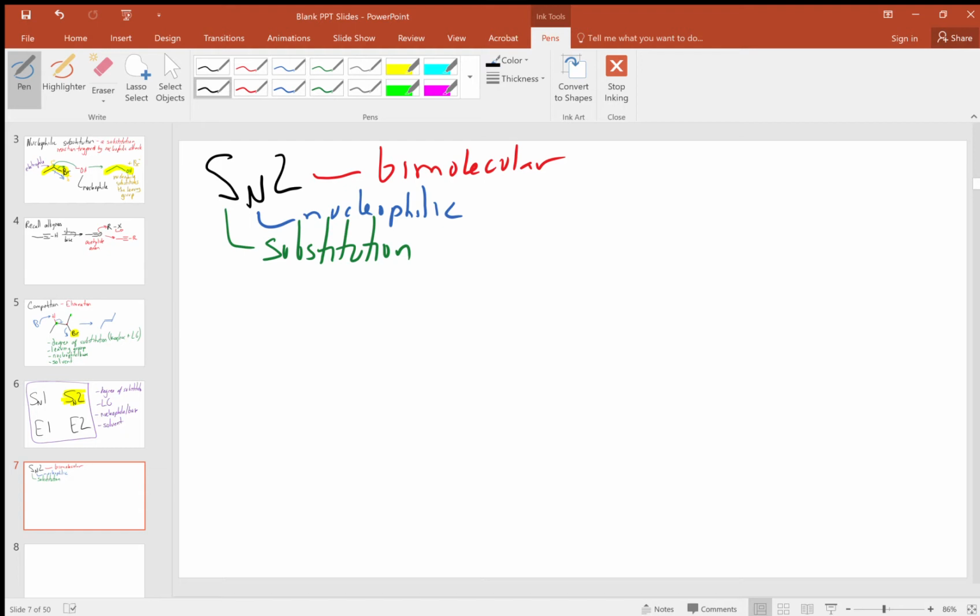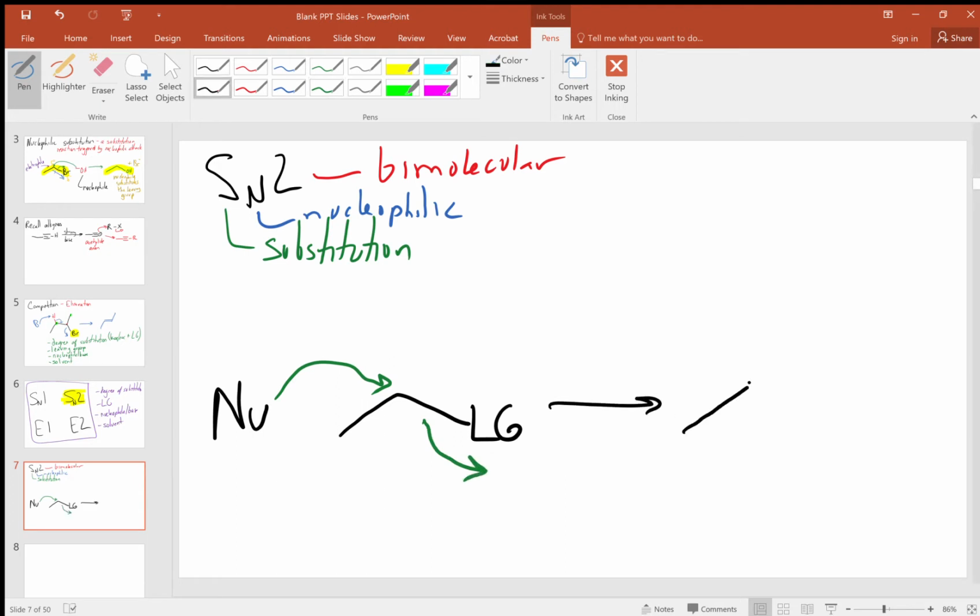But basically, an SN2 reaction has an electrophile, which is a molecule that has a leaving group. And then we have a nucleophile. And that nucleophile attacks the carbon that has the leaving group, and it kicks out the leaving group to give us our substitution product.